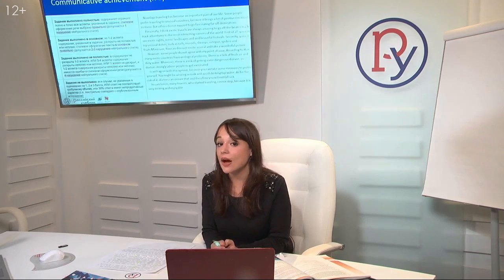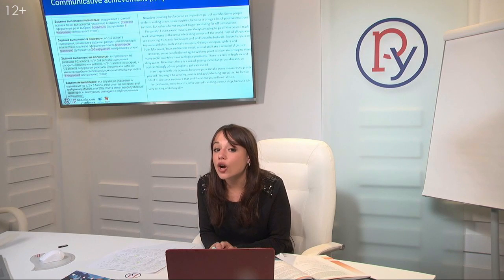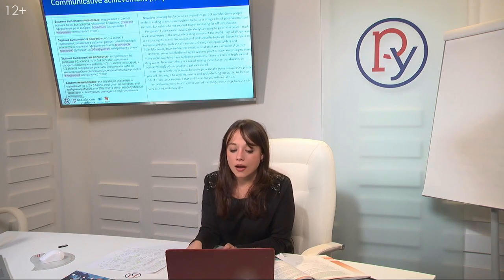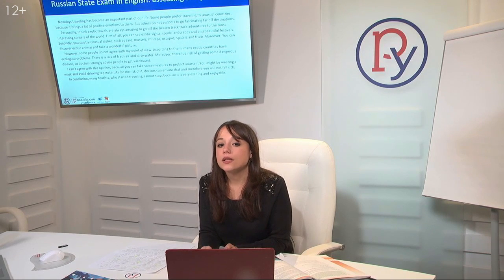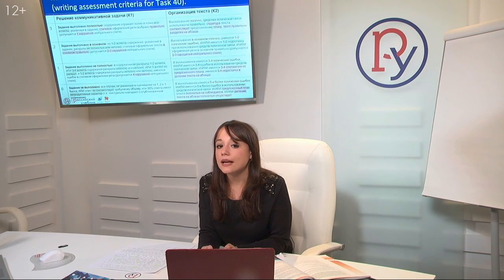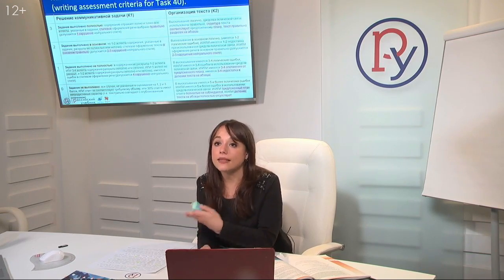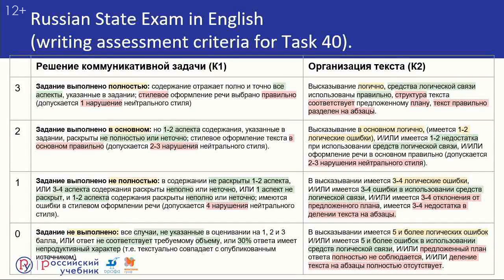Now we're going to have another assessment criteria, which is text organization, and I think that we can comment on it right now. Do you agree that in terms of the text organization, this particular piece of writing is divided into 5 paragraphs.